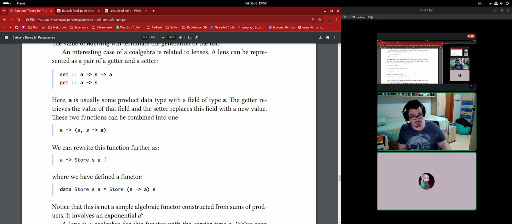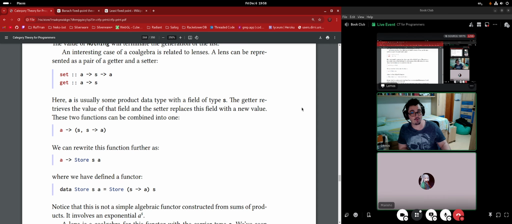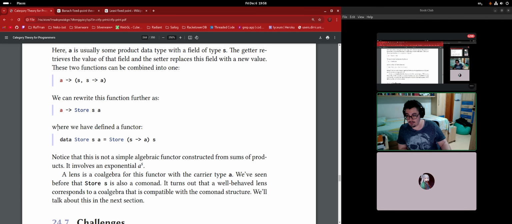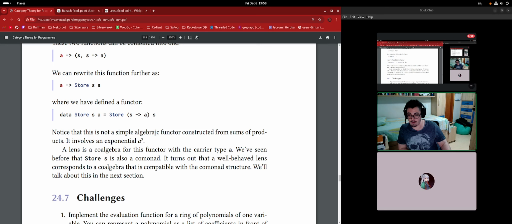We don't remember anymore, we were looking at comonads, context. Comonads, okay. And then where we have defined a functor. So basically this thing. Notice that this is not a simple algebraic functor constructed from sums of products. It involves an exponential, because there is this function here.